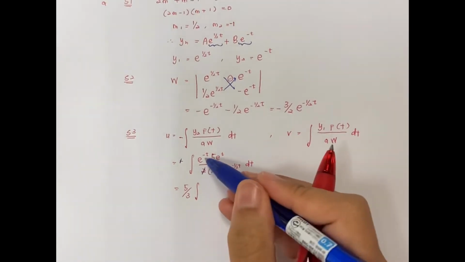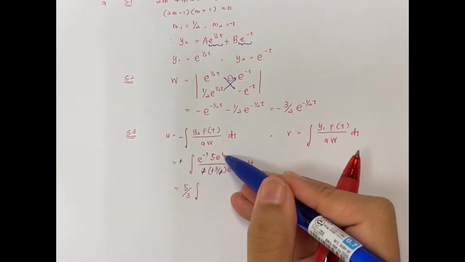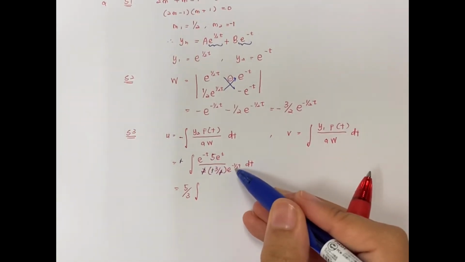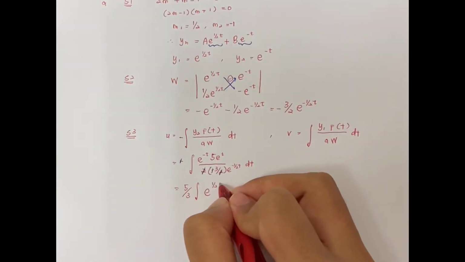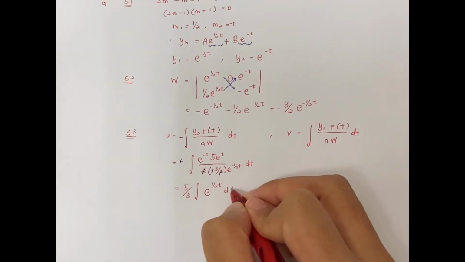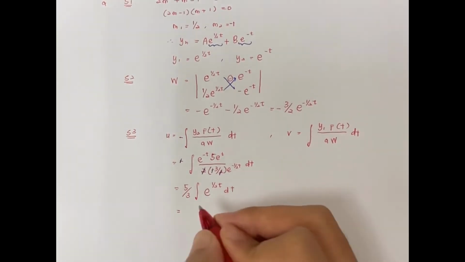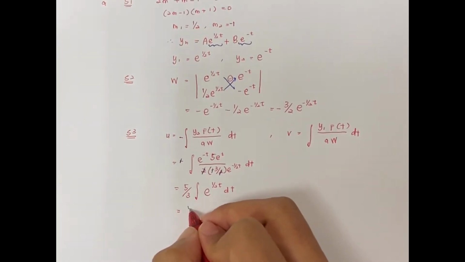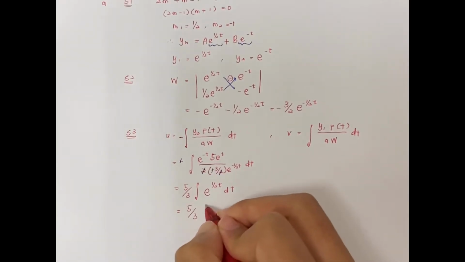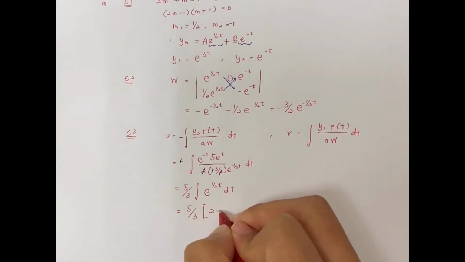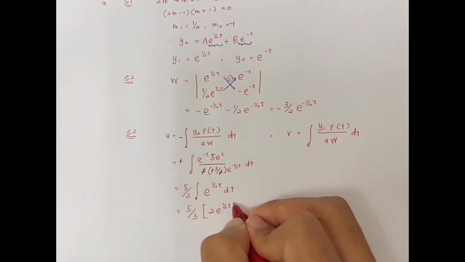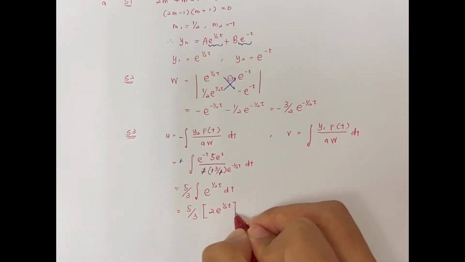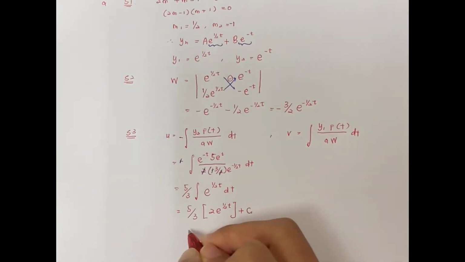Exponent negative t, exponent t is exponent 0 equal to 1, and exponent negative half t becomes exponent half t dt. And you have 5 over 3, 2 exponent half t plus c1.